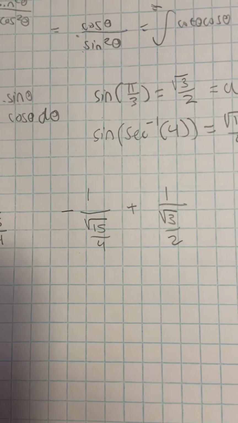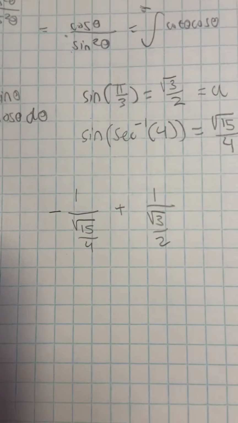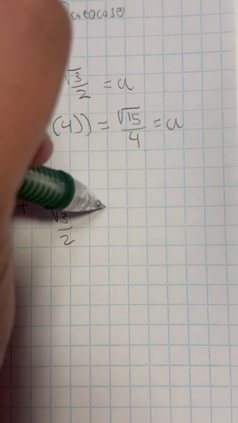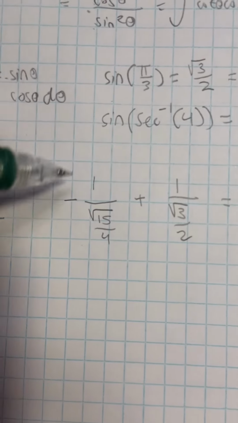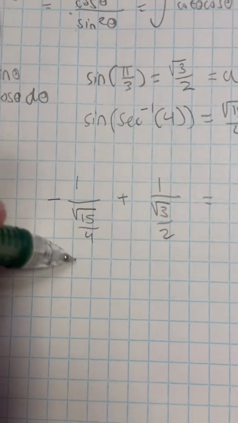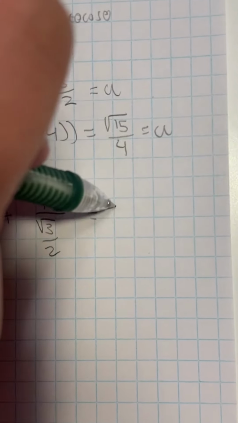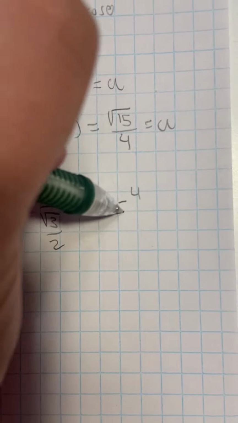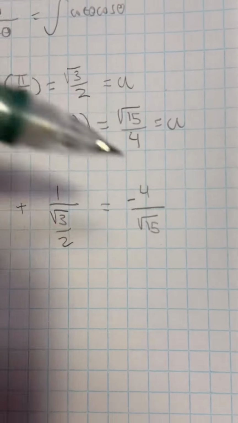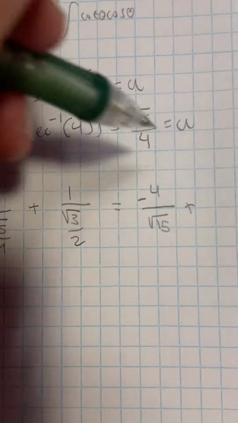So plus 1 over the square root of 3 over 2. So we can rewrite this. 1 over a fraction is equal to the reciprocal of that fraction. So we're going to say negative 4 over the square root of 15 plus 2 over the square root of 3.